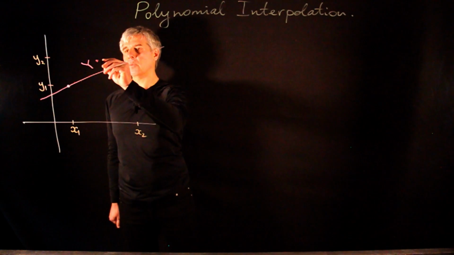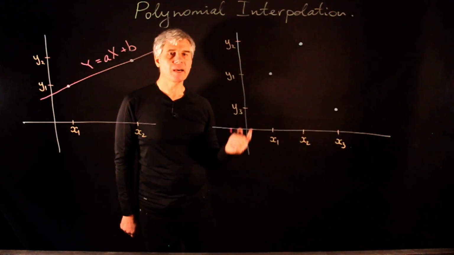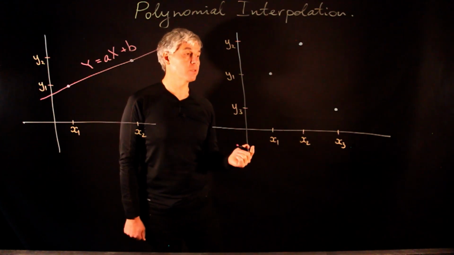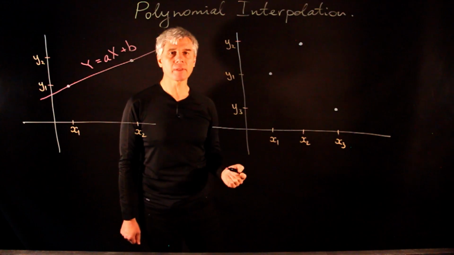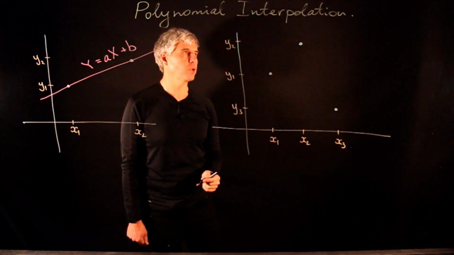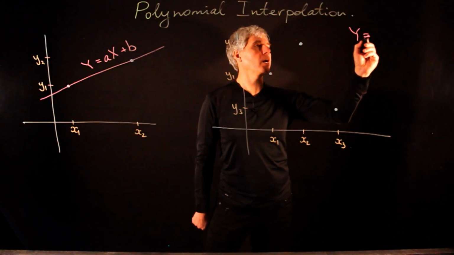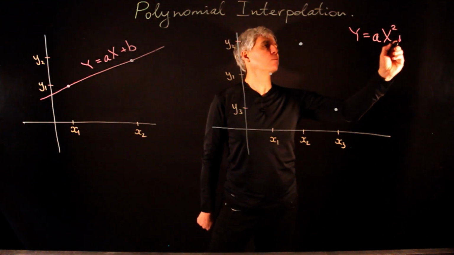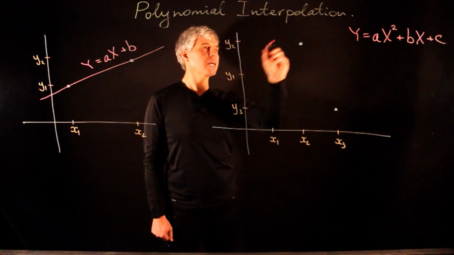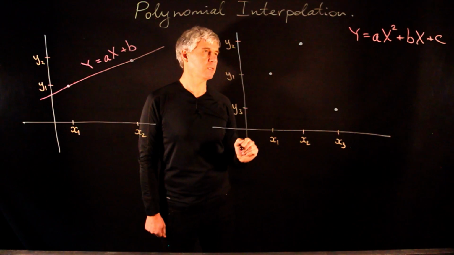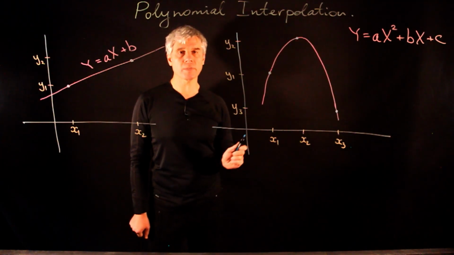So we can write y equals ax plus b. Now, what if we are given 3 points on a plane? Well, clearly, it's not possible to draw a line that passes through 3 arbitrary points. But can we draw a parabola, y equals ax squared plus bx plus c, that will pass through the given 3 points? Well, it turns out that this is possible.